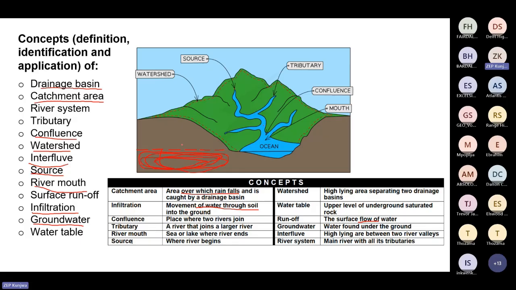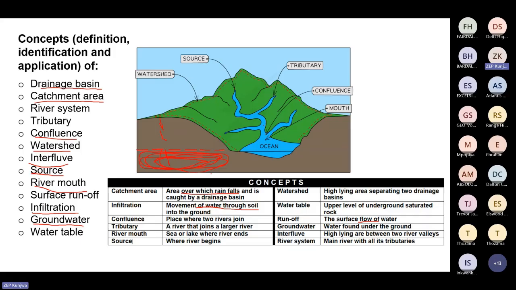Now, groundwater is not just any water that is under the ground. It is the water that is below the water table. That is what groundwater is. Yes, I do know that there's going to be water percolating to come to the groundwater, but the definition actually refers to the water below the water table. I think that is clear.